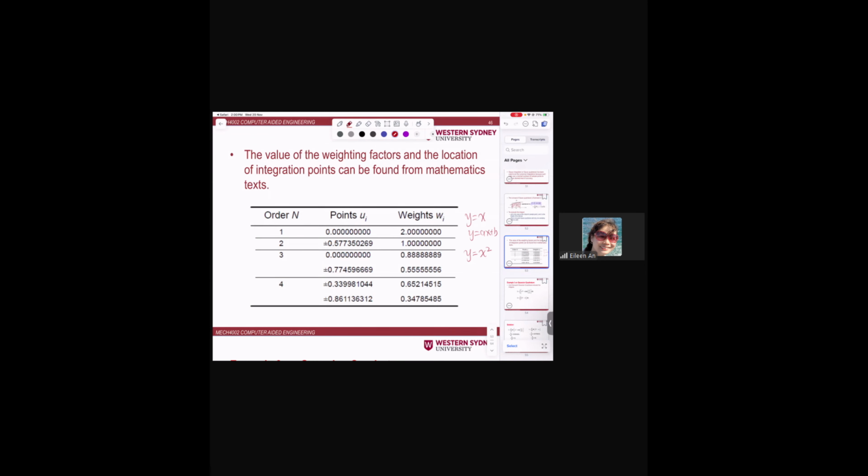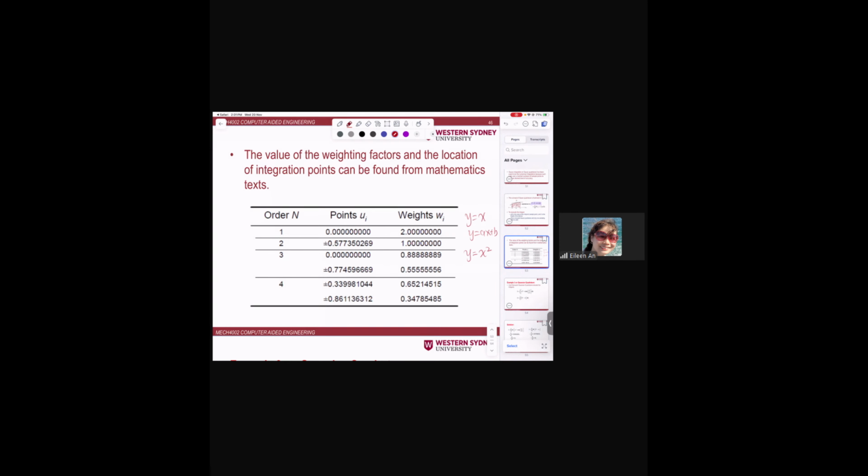In that case, we need to select 2 Gaussian points. And those 2 points, you cannot use random points. You have to use the point x equal to negative and positive 0.577. And the weight, or the width of that rectangle, is 1.